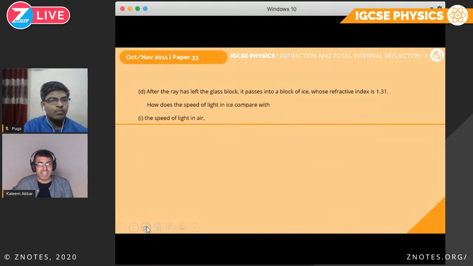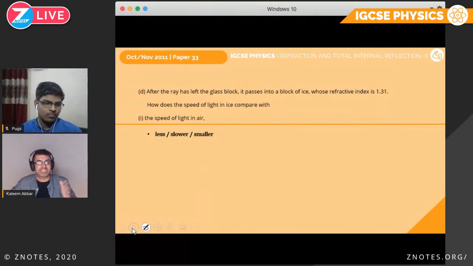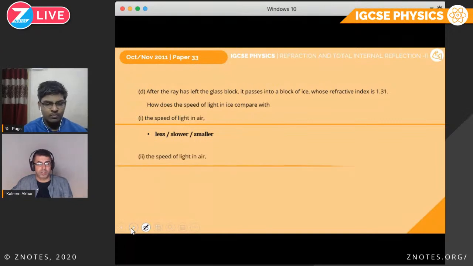Air is going to be less than that because it's less dense. So the speed of light in the ice is going to be slower than in air, or air is faster than ice. You can answer it both ways. So ice is slower than air, or air is faster than ice.